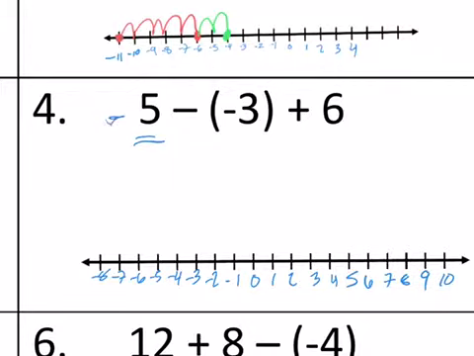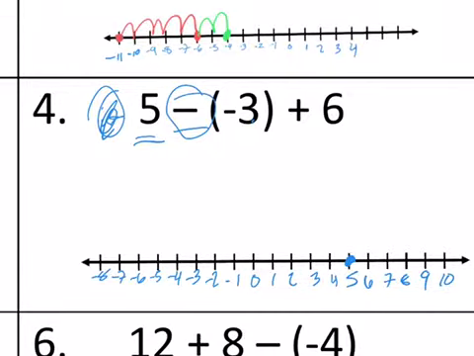There's nothing in front of here, so we know it is positive. So positive 5, marking it on my number line. So we go 3 steps in the negative direction, but we have this minus sign here.